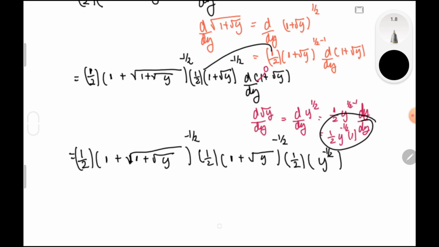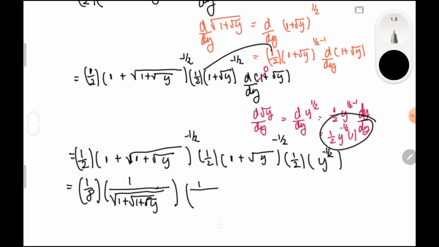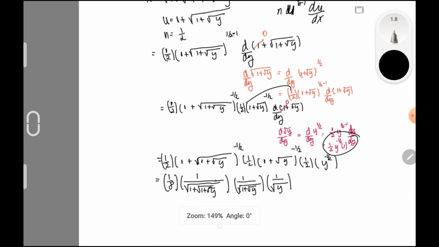Okay, from this we'll have 2 multiplied by 2 multiplied by 2 is equal to 1 over 8 multiplied by 1 all over square root of 1 plus square root of 1 plus square root of y, multiplied by 1 over square root of 1 plus square root of y, multiplied by 1 over square root of y. Okay, so this will be our dx over dy.